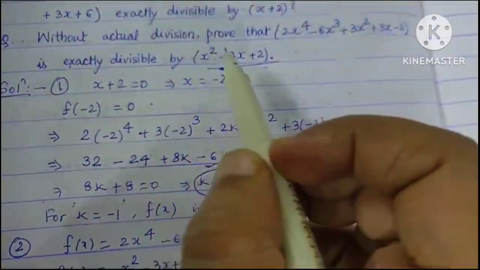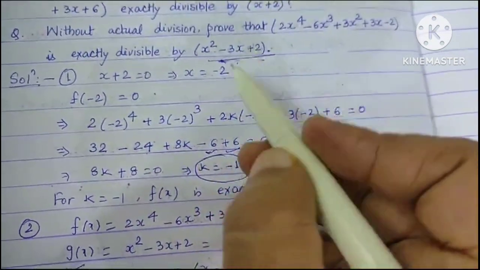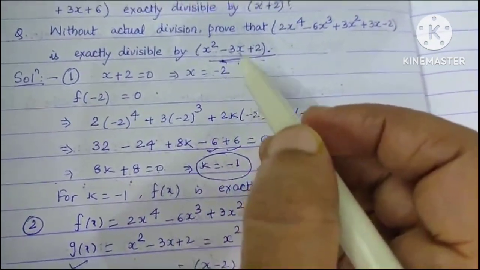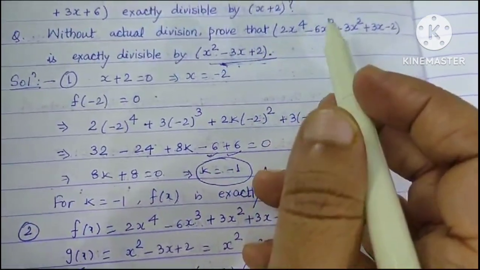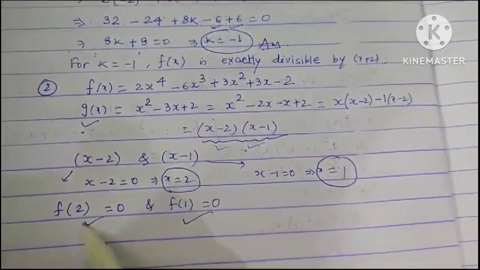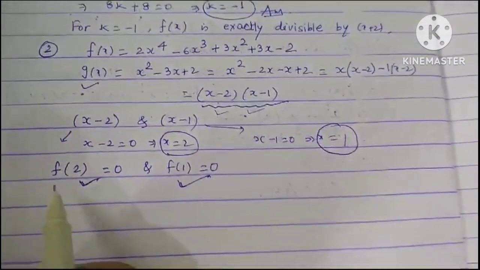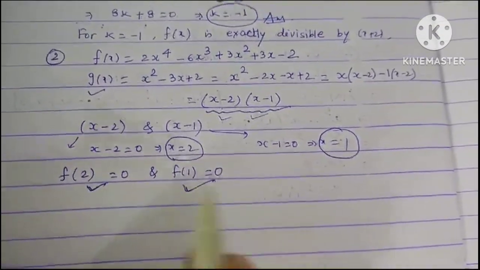The question is: prove that this is exactly divisible by this. We are supposing that this will exactly divide this, then from the factor theorem this should fulfill the criteria, f(2) equal to 0 and f(1) equal to 0.